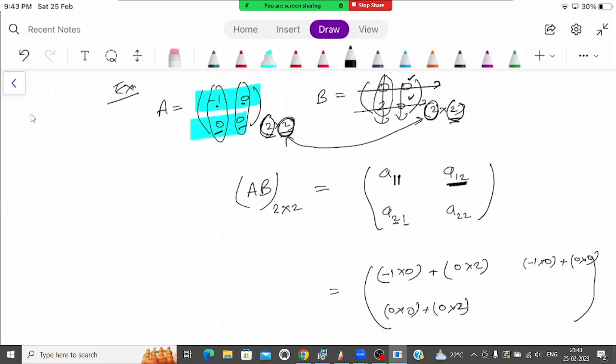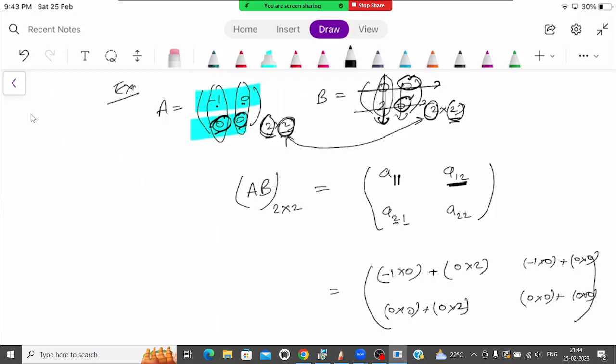This is the first column of B. Again, the second row of A to the second column of B, means this element to this element plus this element to this element.